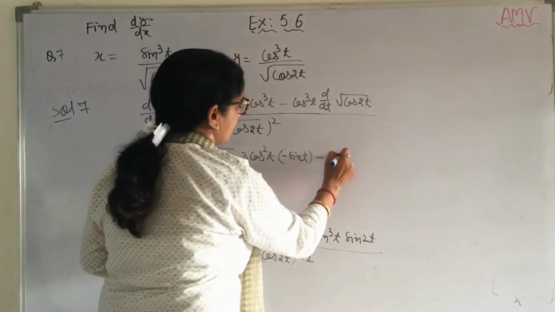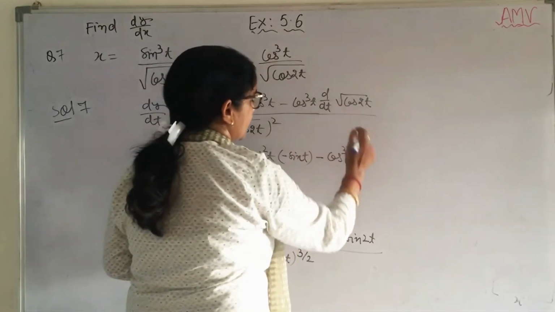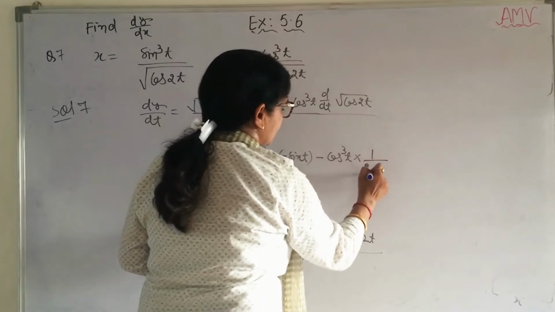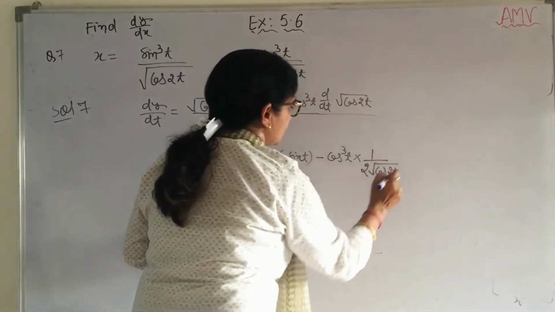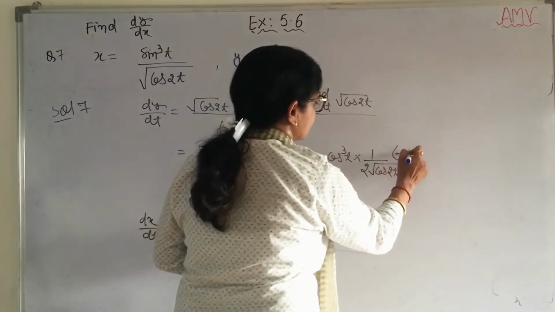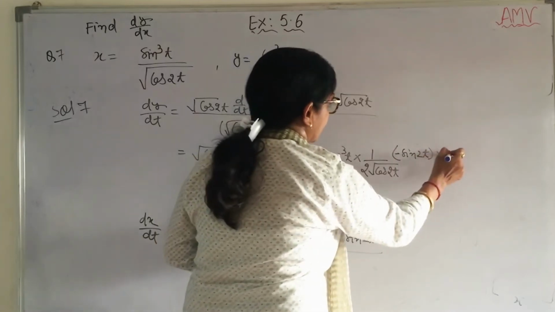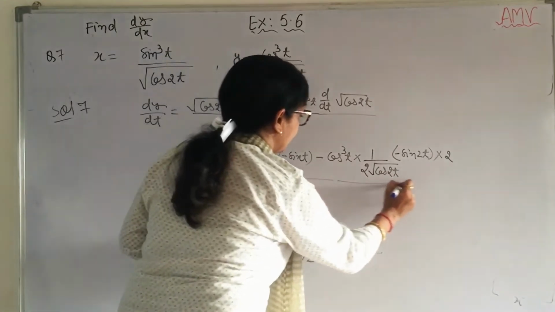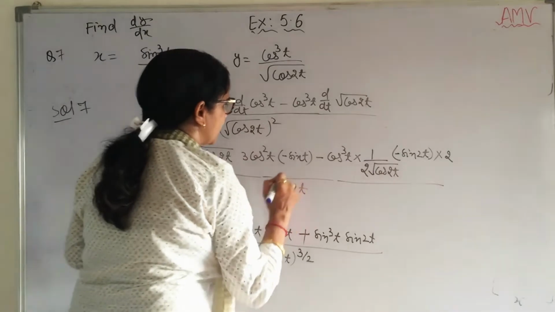Here cos cube t is as it is, and derivative of under root cos 2t is 1 by 2 under root cos 2t, and now derivative of cos 2t is minus sin 2t, and now derivative of 2t is 2, and in the denominator it is cos 2t.